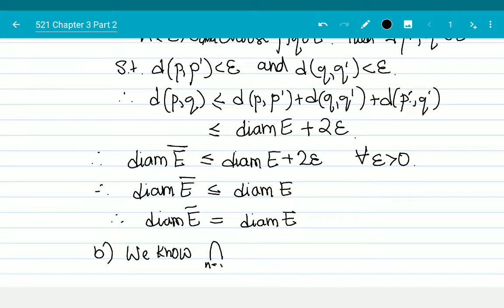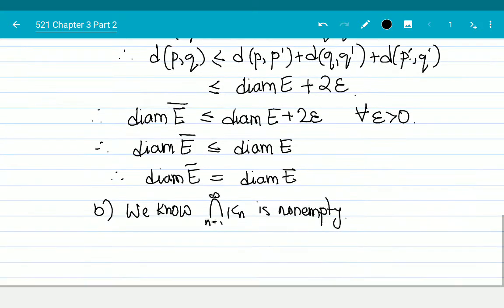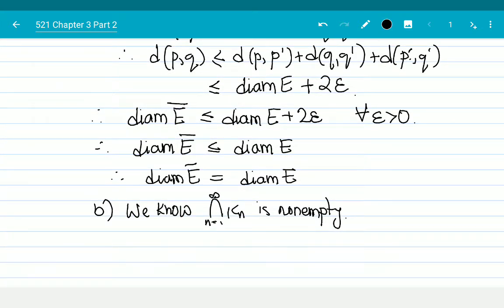the intersection n equal to 1 to infinity of Kn is non-empty, right? Because intersections of compact sets, if you go down, as long as their finite intersection is non-empty, their infinite intersection is also non-empty.